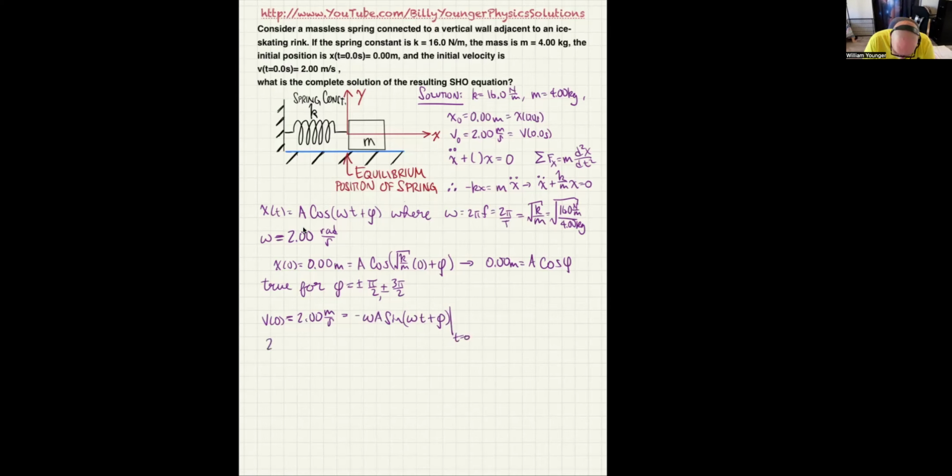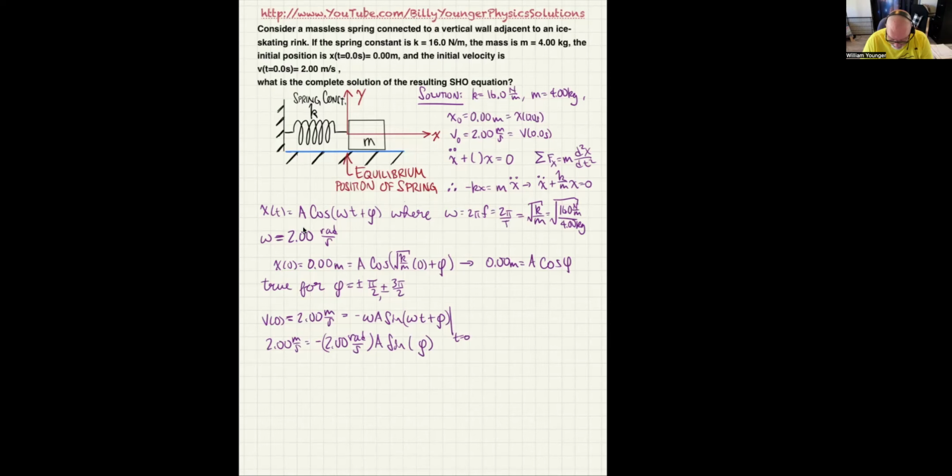So now I've got 2.00 meters per second is equal to negative omega, which we already know is 2.00 radians per second, times A, which we do not know yet, and then sine of 0 plus phi, so that's just the sine of phi. With that in mind, we can consider what phi could possibly be.